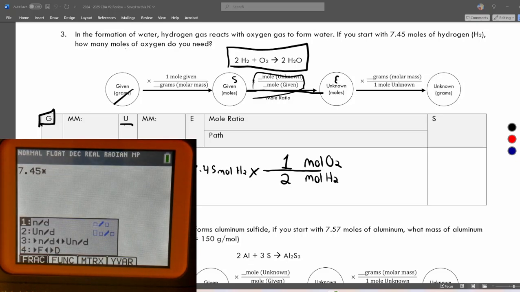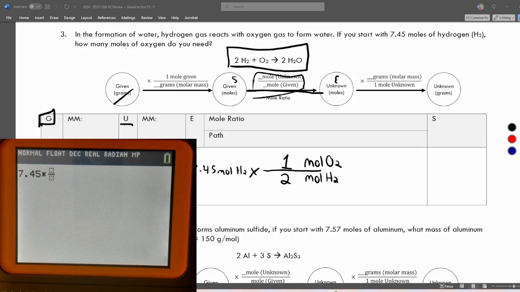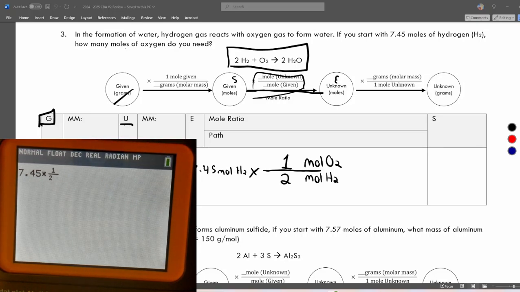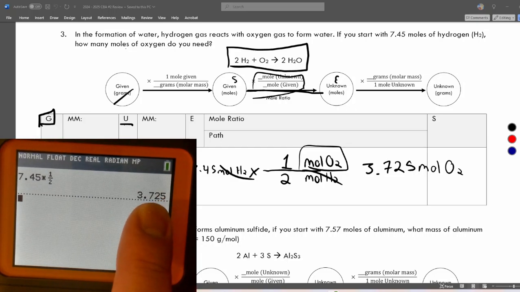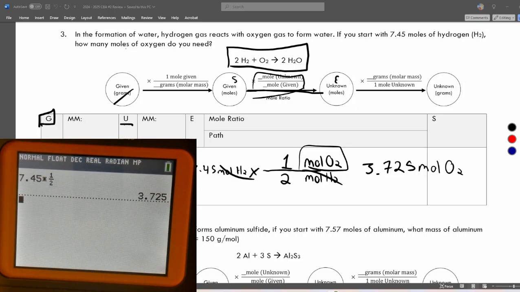Green button, y equals, enter. And I'm going to put 1 on top and 2 on the bottom, just like my fraction says. And I'm going to get 3.725. And this is going to be moles of O2. Whatever I end up with at the top and the end, that is what I get. Now, if we look in our calculator, there's no E, so that's our full answer, 3.725. That's it.